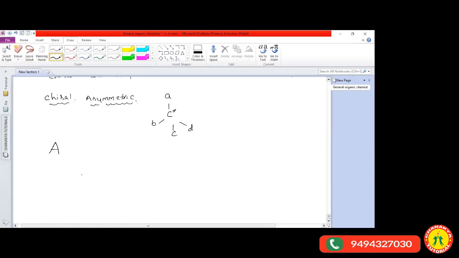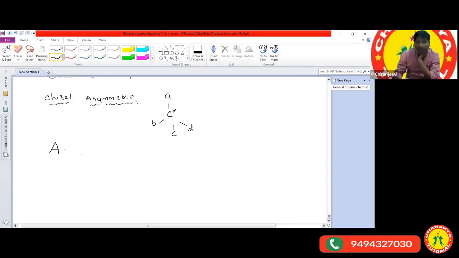Is it symmetric or unsymmetric? In any direction, if you cut and you are getting equal halves, then it is optically inactive only.